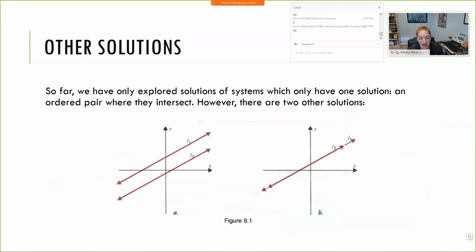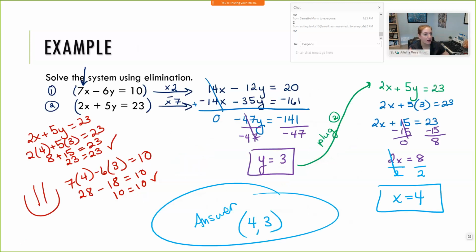Okay. We made it to the back half. So in the back half, we're going to talk about a couple of special cases. So these special cases are where the answer is not just one solution. Like so far we just had an ordered pair.